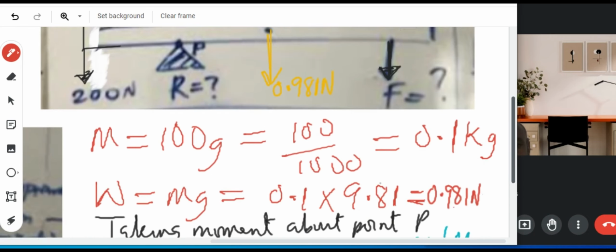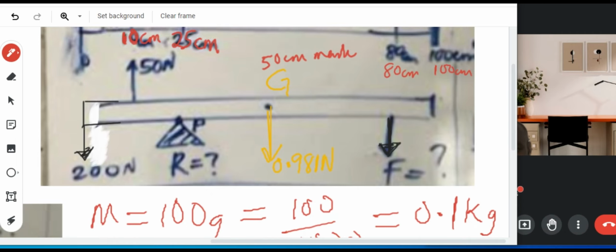We could have taken moment about any point to find R, but that would be cumbersome, so there's no need. In fact, if we wanted to, we could take moment about the position of F to find R, but that would be cumbersome. It's better to use total upward forces equal to total downward forces, and we can easily find R.